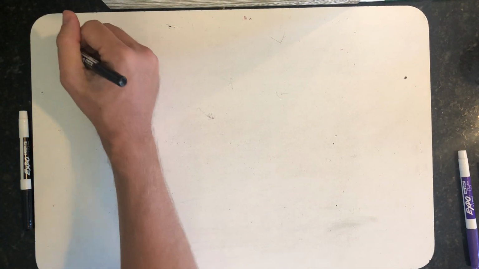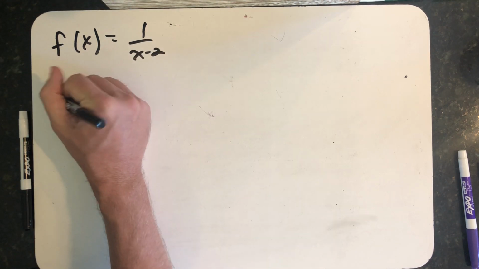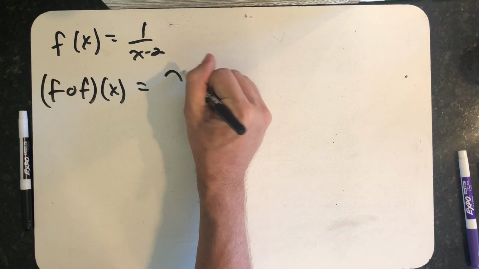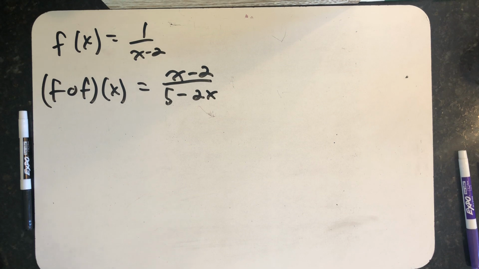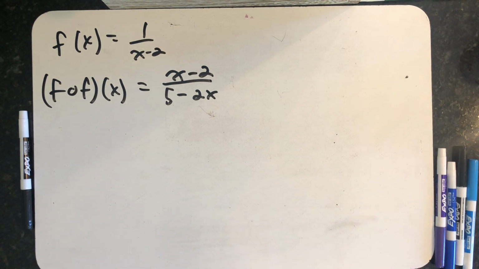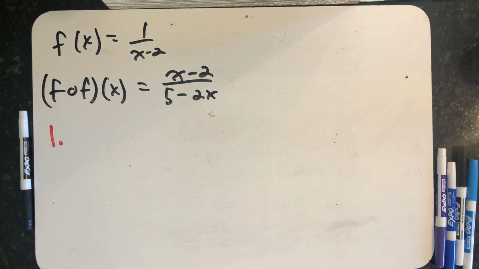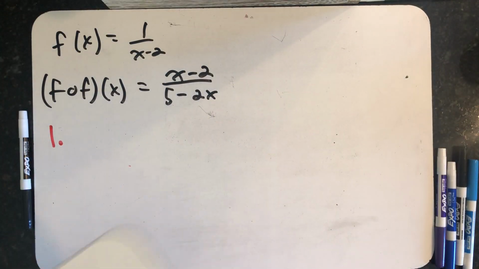So, my original function f was 1 over x minus 2. And through all of that, now I know f composed with f of x is x minus 2 over 5 minus 2x. So if I go through my two-step process this time, the first step last time was to write down the domain of g, but that was because g was the inside function.